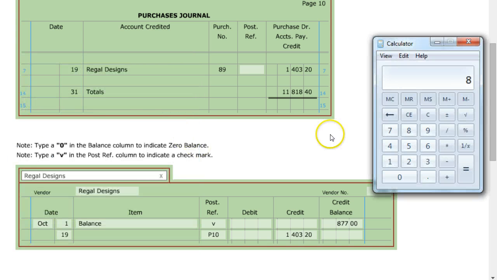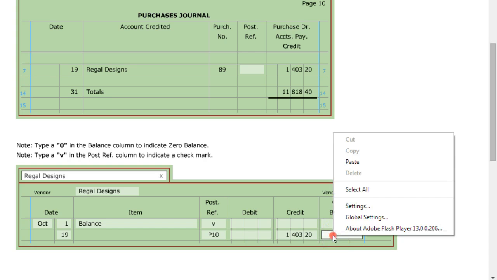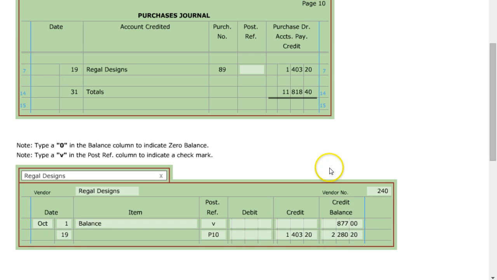So I get $877, and I'm going to add 1,403.20, and I'm going to put in my total right here. Now to signify that you're done, we're going to put down 240 here in the post-reference column. The 2 means that this is a liability account, and the 40 is the number that we assigned to it.